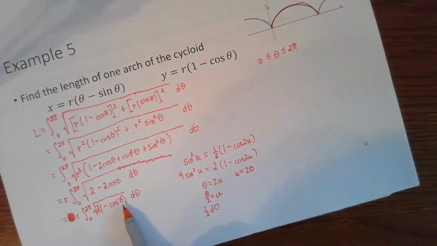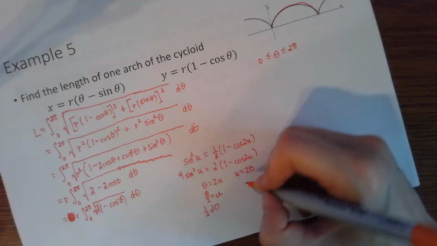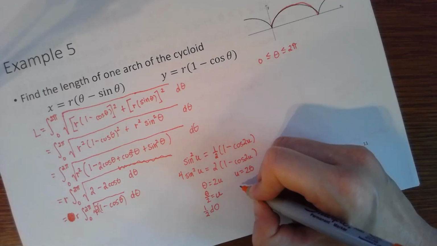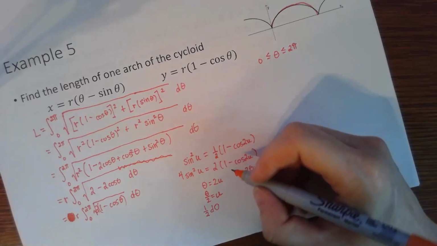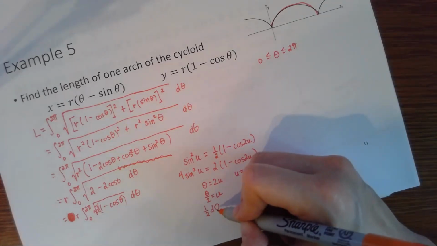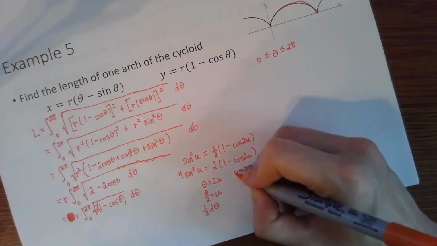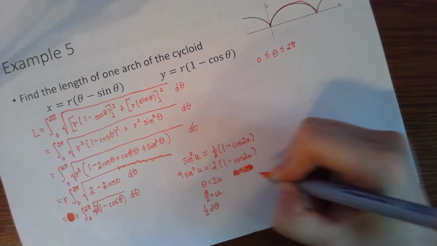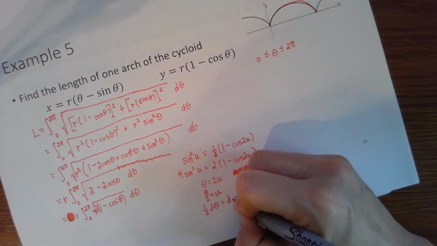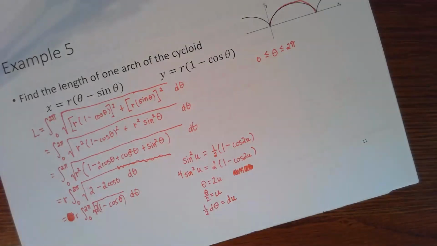We want this to be a 2u, so theta equals 2u. And so then, no, I think I have this right. 1/2 d theta equals du.